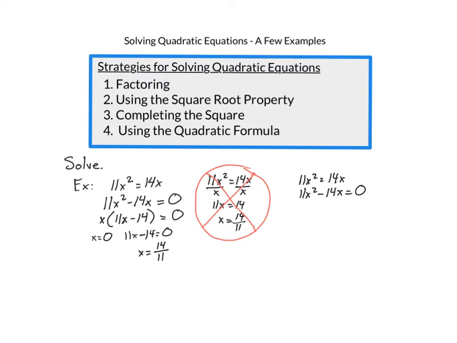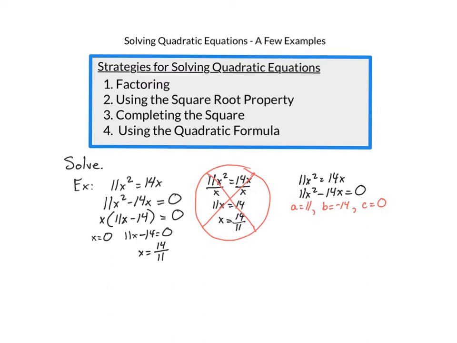If we identify A, B, and C for this problem, we'll have A equals 11 because it's the coefficient of x squared. B is negative 14 as it's the coefficient of x, and C is 0 because we don't see a constant. So that means the constant was 0.